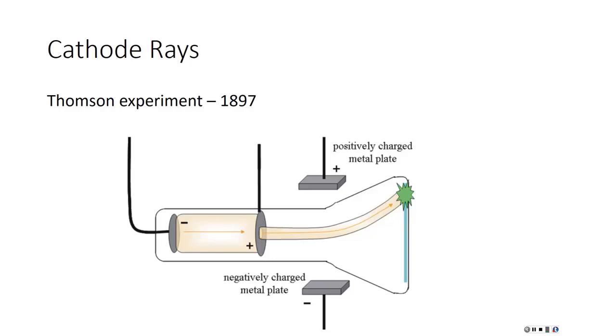You've got a glass tube that's under vacuum so air doesn't get in the way. You've got one piece of metal here and another piece of metal here. When you pass electricity through it, he could see that beams of something left the negative charge plate and went to the positive charge one. So little beams or particles of something left here and went over here.